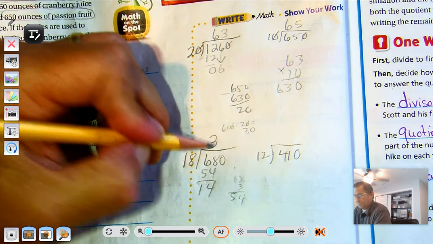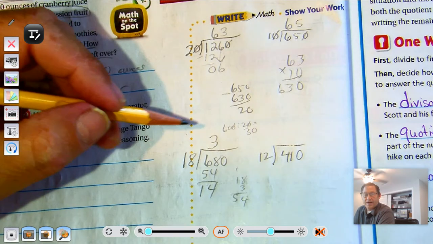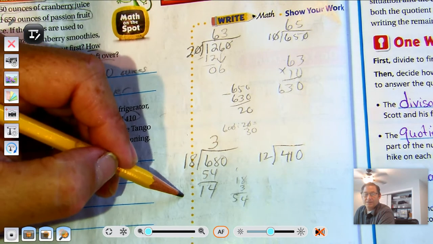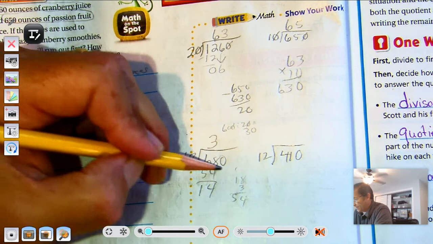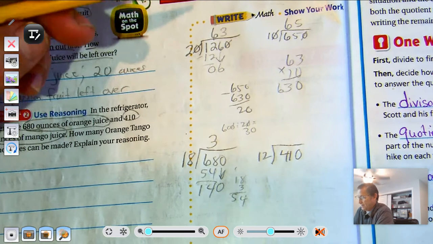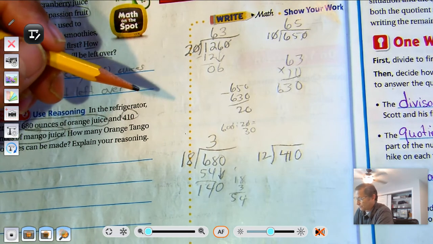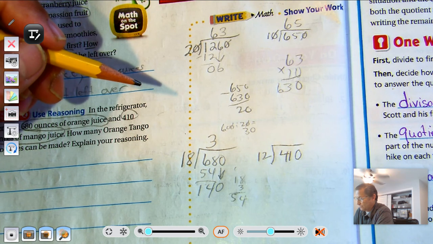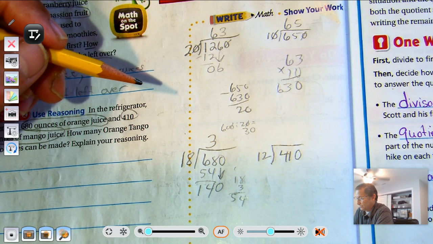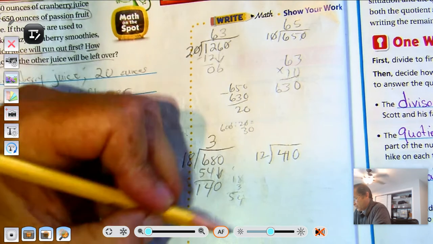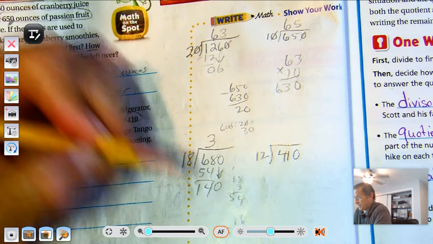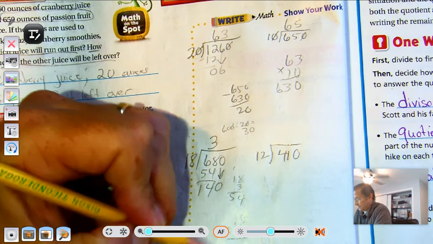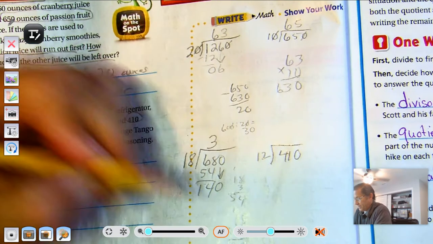Okay, so subtract, we're left with 14. Let's trade those for 141s, bring down the 0 ones. So 140, times, let's try 6. It's 108.